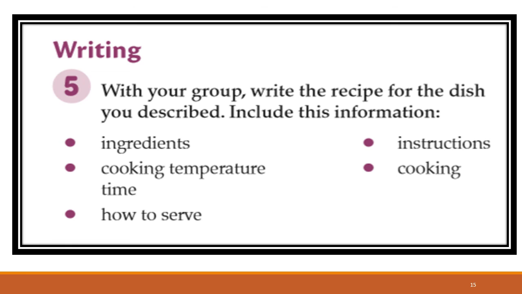So waiting for your homework, please send it to me. Write the recipe. How can you describe this one? And how can you cook this dish? You have an example. Read it again and do similar but about a different one.